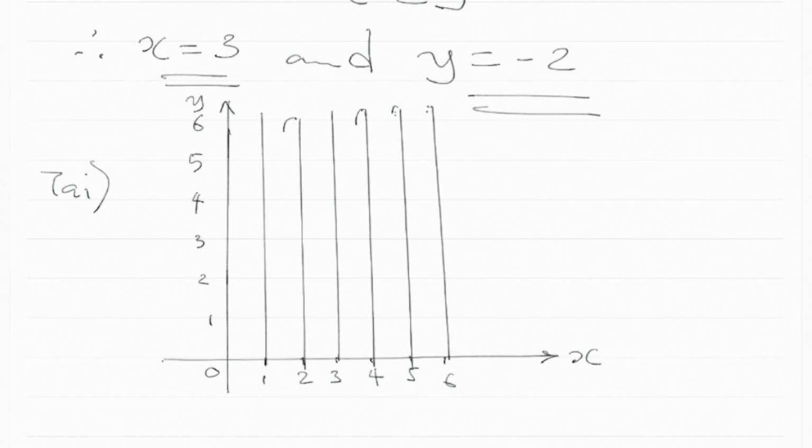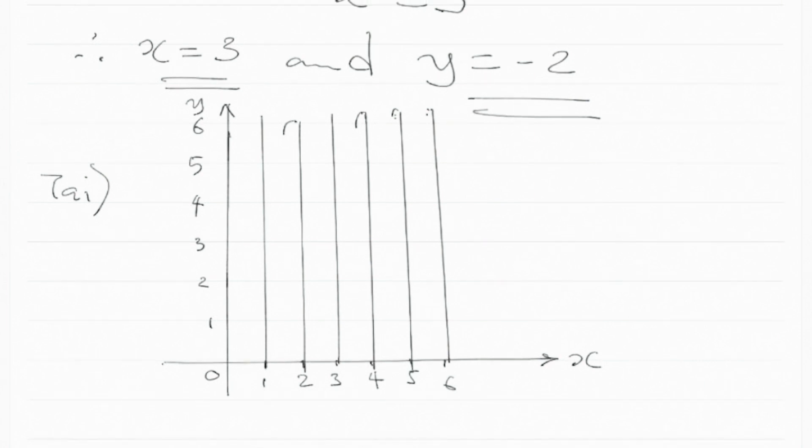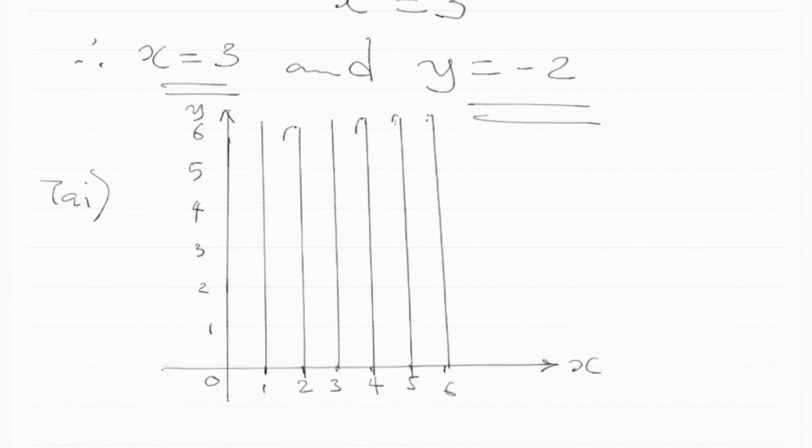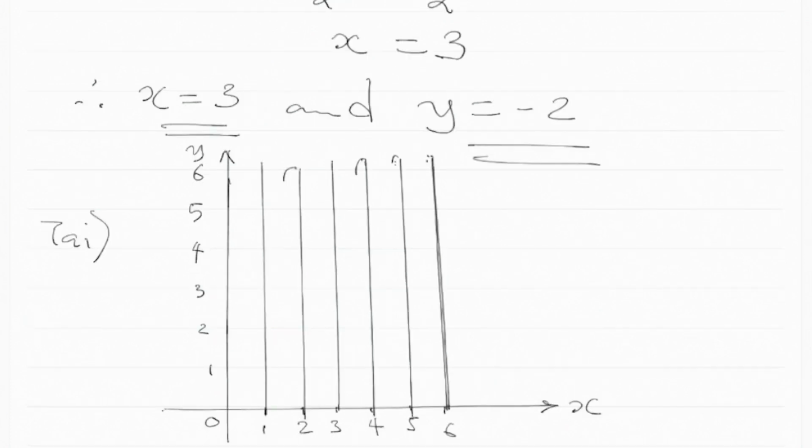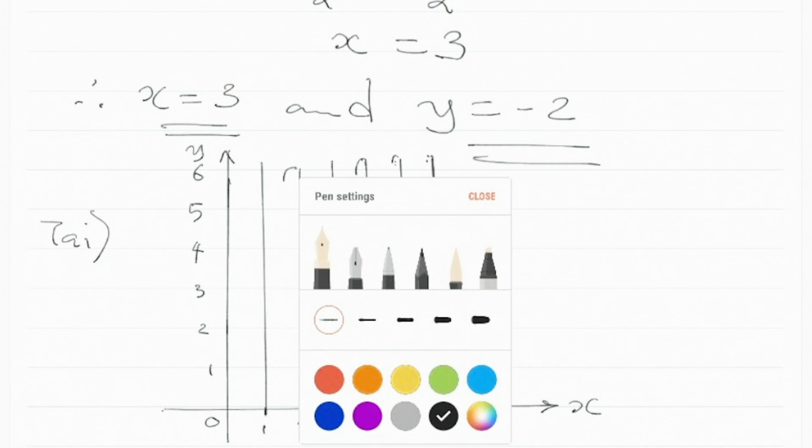Okay. So they are saying plot the point (1, 1) and label it as P. So let's go to (1, 1). On the x-axis, look at where the value of 1 is, and on the y-axis there is 1. So (1, 1) would be there.